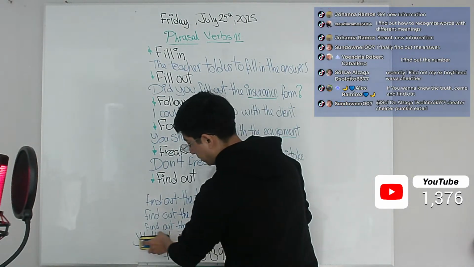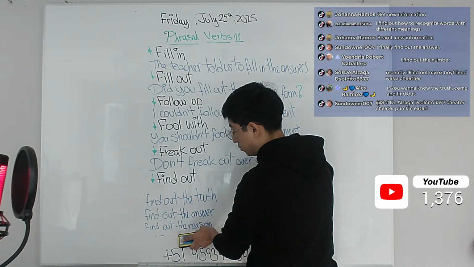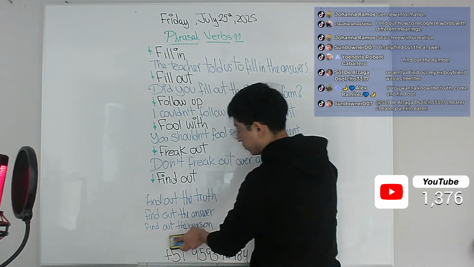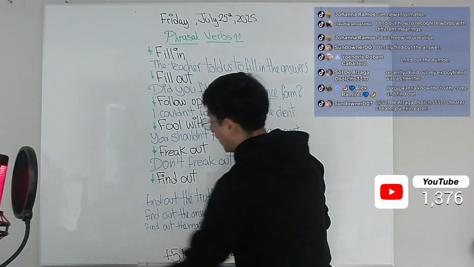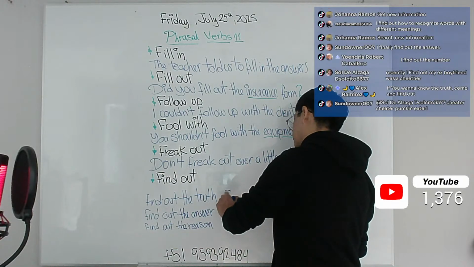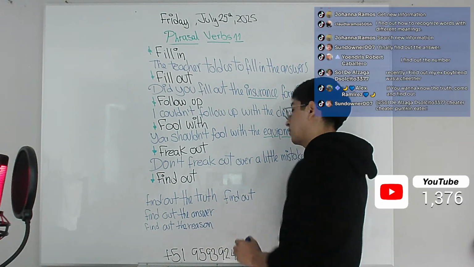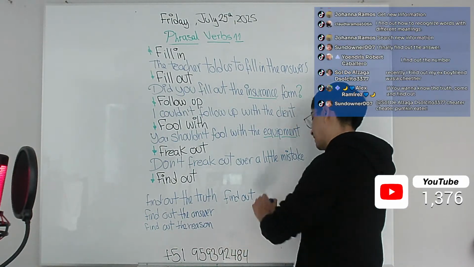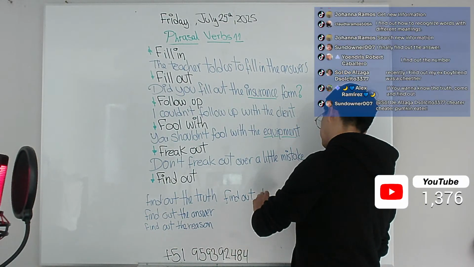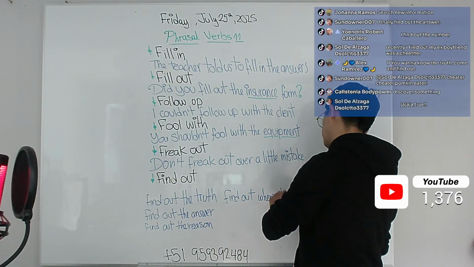I'm going to erase this because I need more space. Very good. And now let's continue with some other ways to use find out. For example, I find out where she lives.